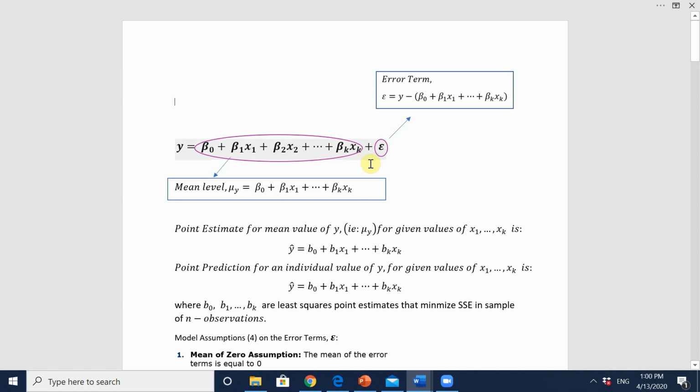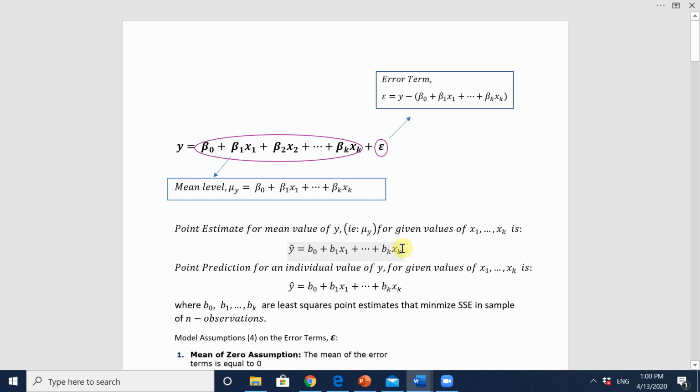Now, when we use the least squares point estimates of the regression parameters, what we get here is the point estimate for the mean value of y, otherwise known as mu of y, for a given set of values x1 to xk. And so it takes on this form right here. Y hat is equal to b naught plus b1 x1 plus all the way up to bk times xk.